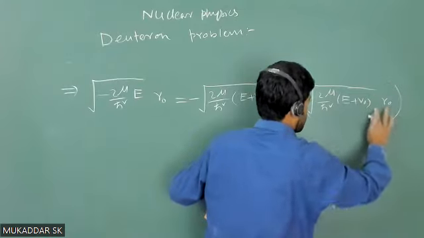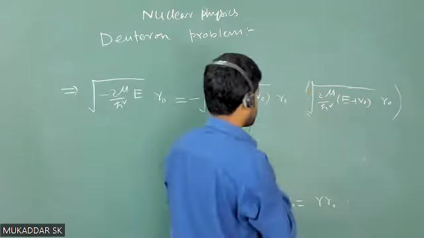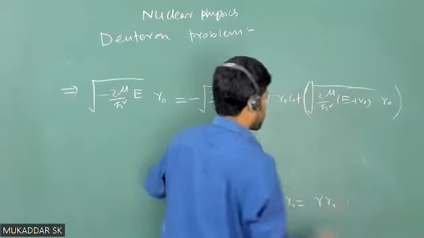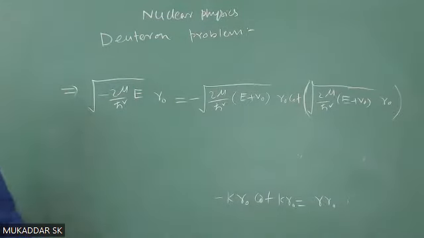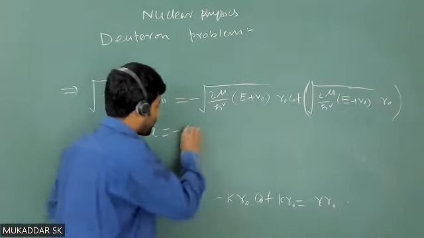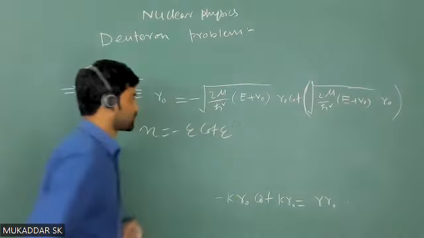It looks like eta equals minus epsilon cot of epsilon.